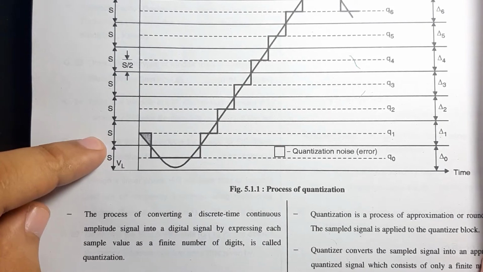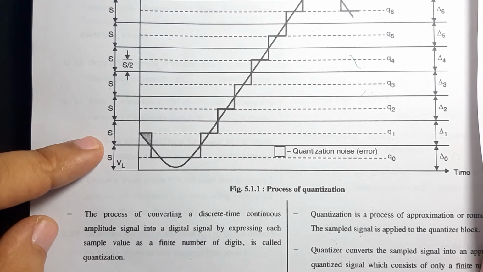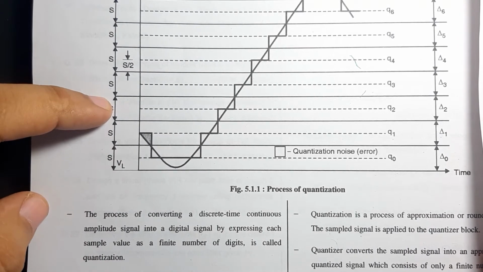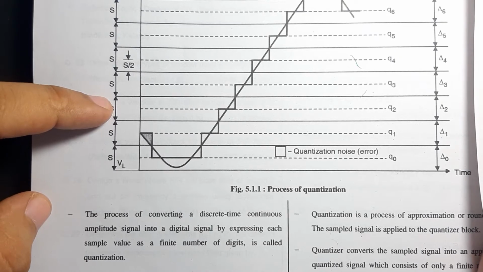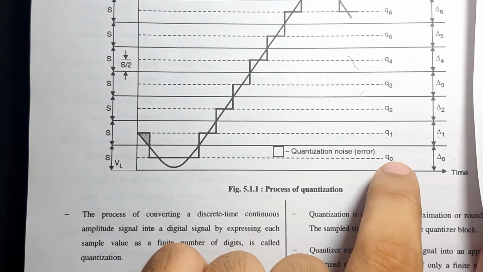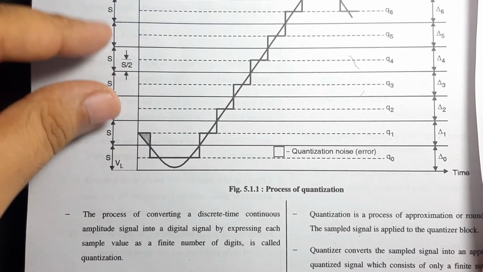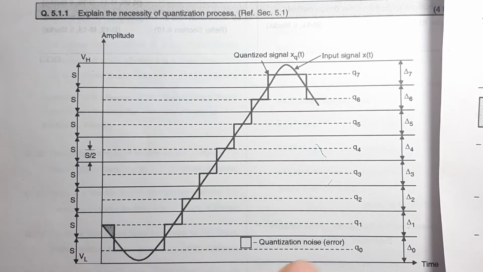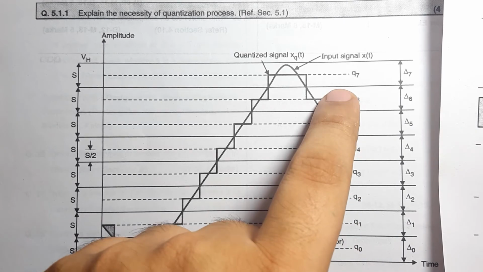Therefore, to reduce the quantization error, we have to reduce the step size by increasing the number of quantization levels q. So, जितना छोटा मेरा स्टेप साइज होगा उतना मेरा क्यू का जो क्वांटाइजेशन लेवल होगा वो बढ़ जाएगा.